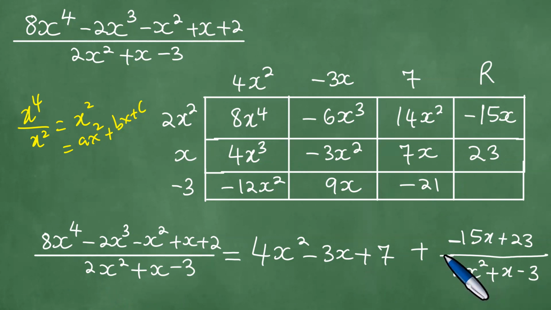So this is what we have. In other words, when we divide the polynomials like this, you get 4x squared minus 3x plus 7 plus the minus 15x plus 23 over 2x squared plus x minus 3. And therefore, this is the result you're getting. And we are actually done with this question using the box method of division. Next problem.